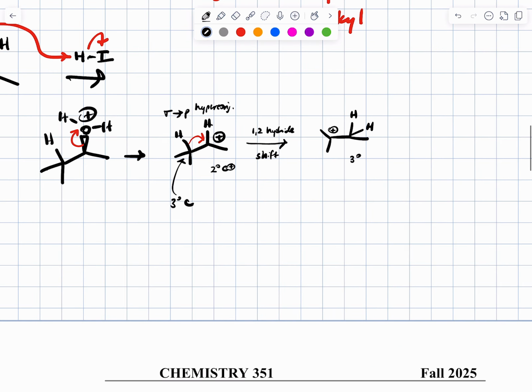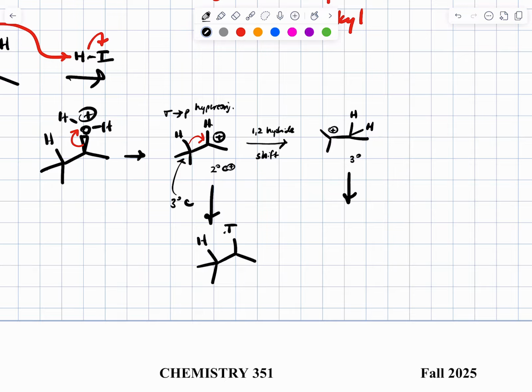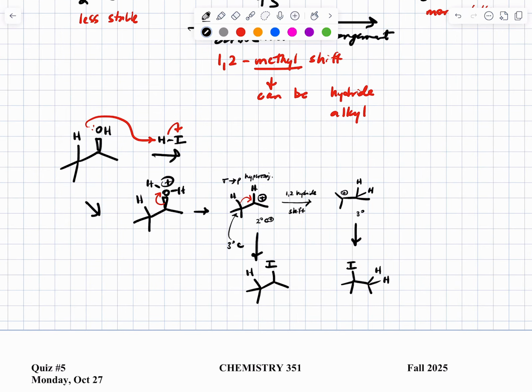And so for products, you would show the products that come from the lack of rearrangement, just the non-rearranged product, and then you would show also the rearranged product where the iodide is now on the different carbon. Okay? So that's an example of a hydride shift.